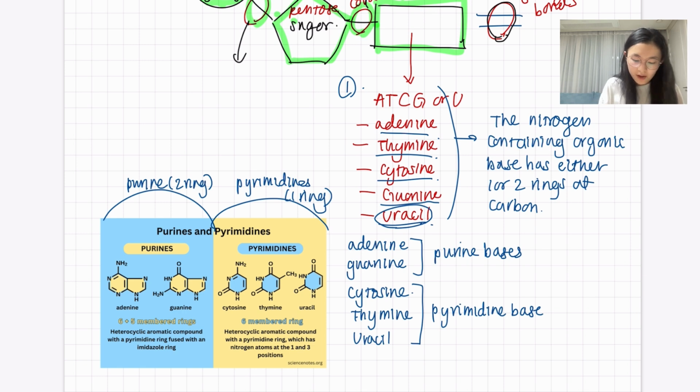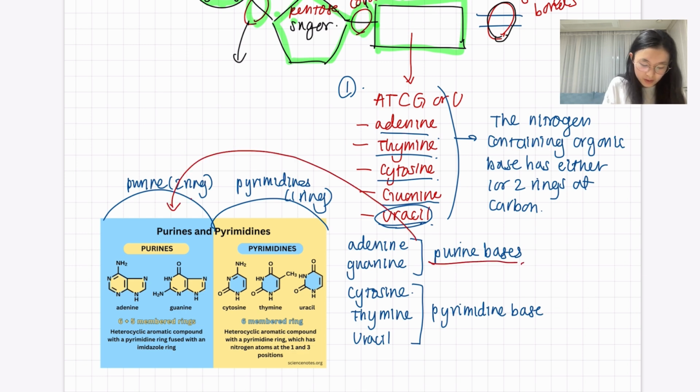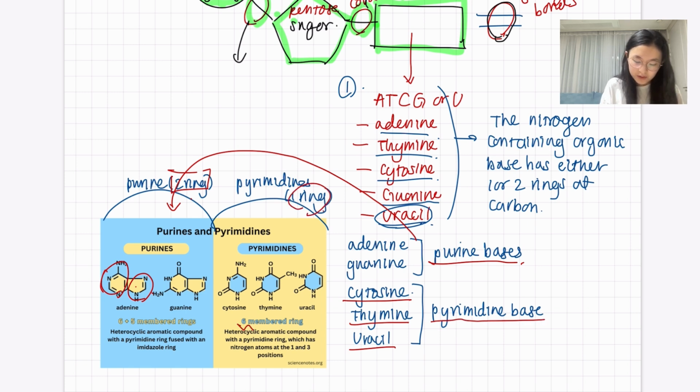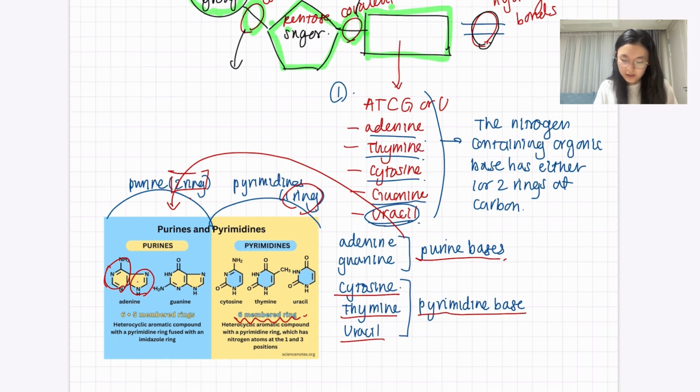We classify the bases with two rings as purine bases, and you can see it right here. Purine bases have a 6-membered and a 5-membered ring, so a total of two rings. But cytosine, thymine and uracil are pyrimidine bases, and they generally have only one 6-membered ring.